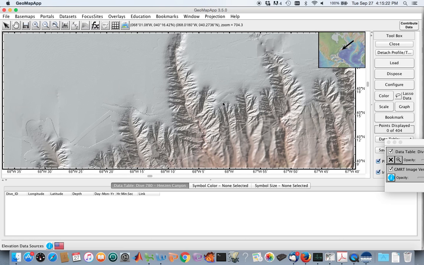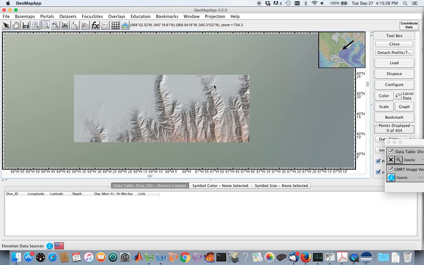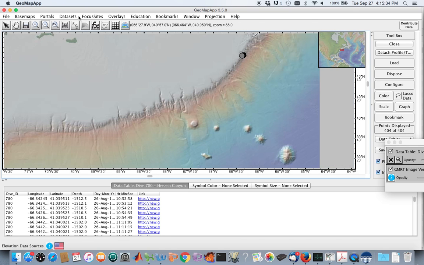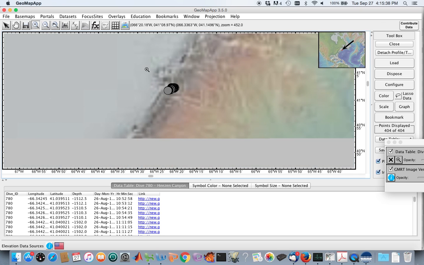So where are these? Let's see where these are plotted. They come up. Oh, they're up there. Okay, so let's zoom in up here. Let's look at this canyon.